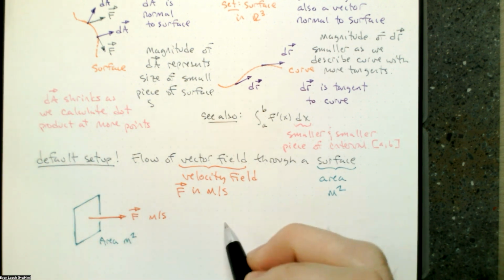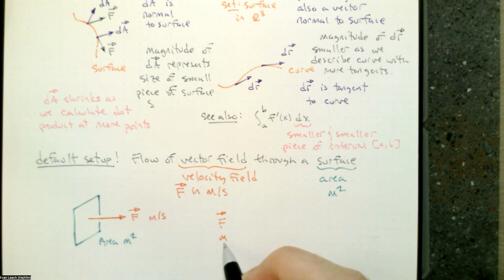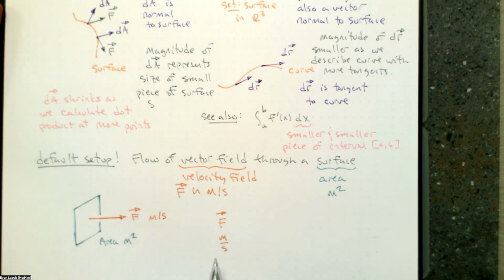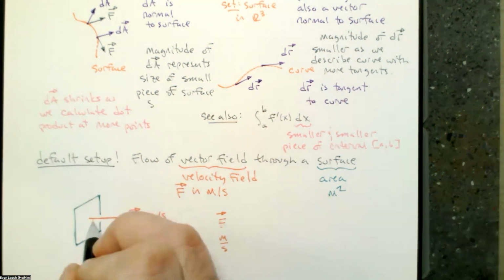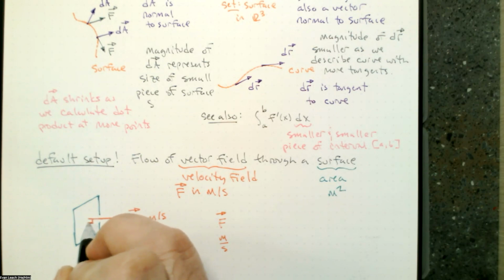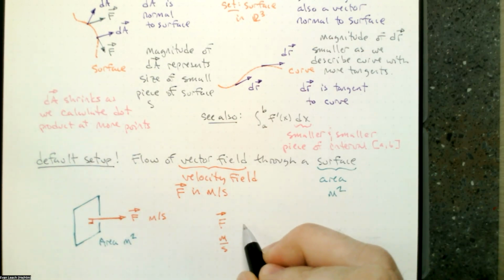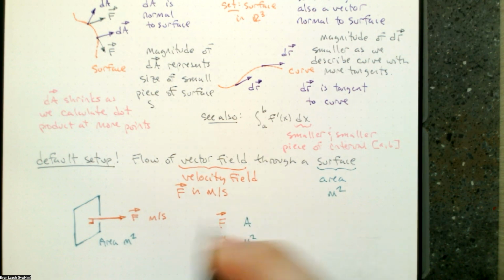So if I take F meters per second, and it's going perpendicular, we'll just multiply by the area in square meters.